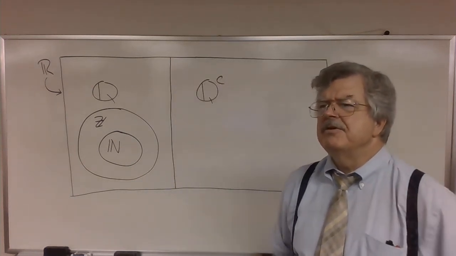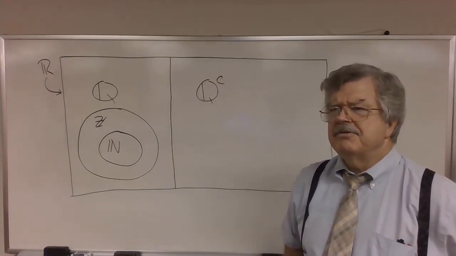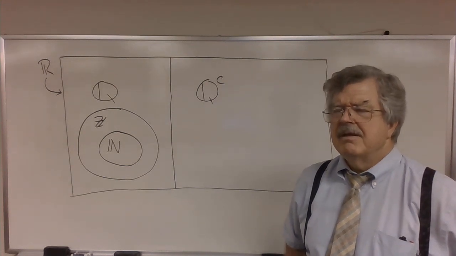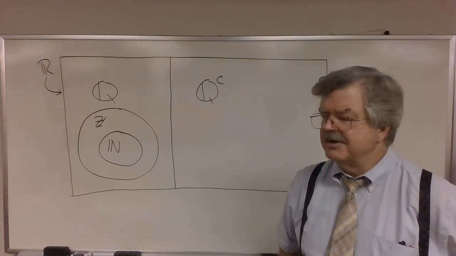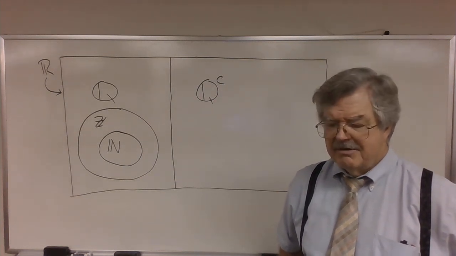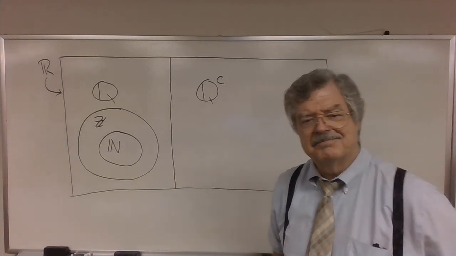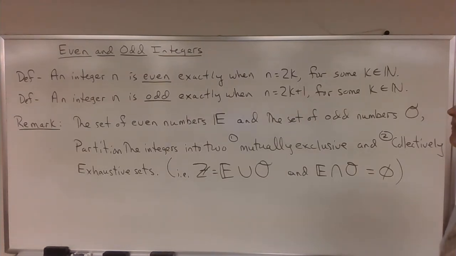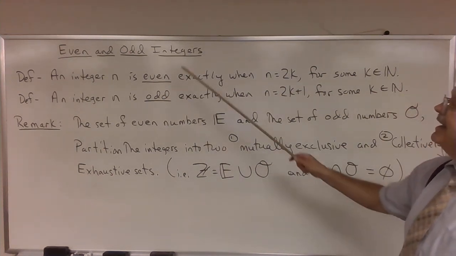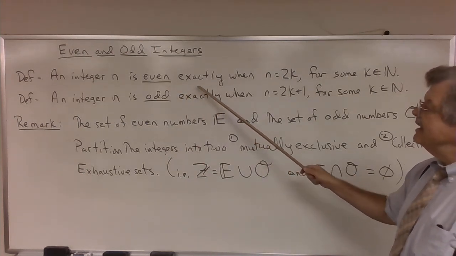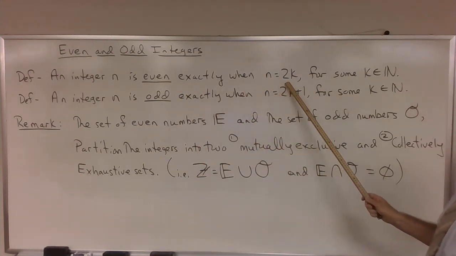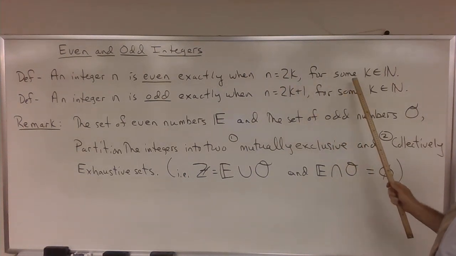Now we're going to do the proof about square root of 2 being irrational. But before we do, we're going to look at a couple of definitions and a couple of lemmas just to facilitate our proof. Okay, even and odd integers. An integer n is even exactly when n can be written as 2 times k for some natural number k.